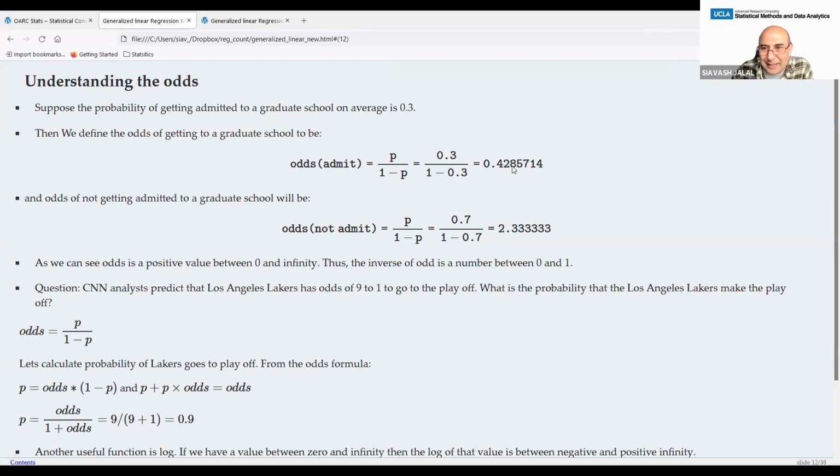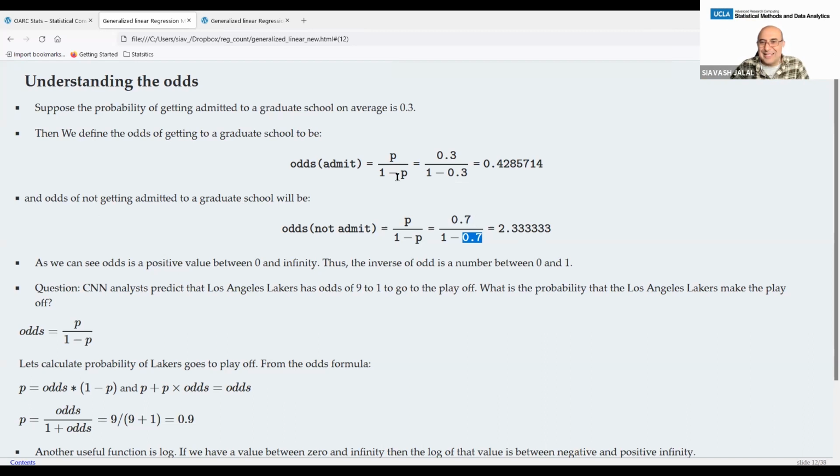So we get this value, 0.4, which is a little bigger. Now, if you look at the odds of not getting admitted, you get 0.7 divided by 1 minus 0.7. So it's a value bigger than 1, right? So the odds can give you any value. As this value gets closer to 1, the denominator gets smaller and the numerator gets closer to 1.